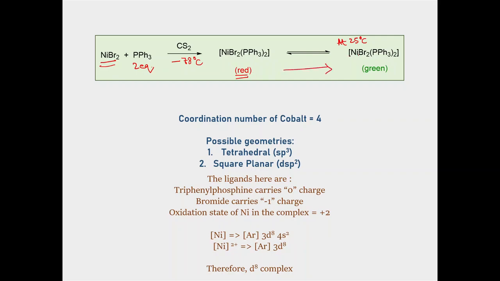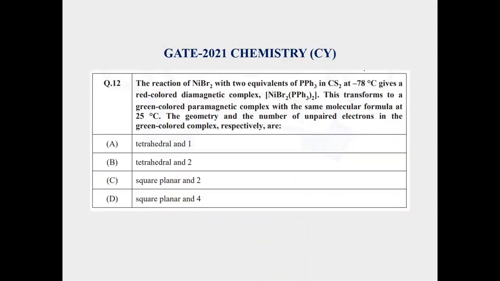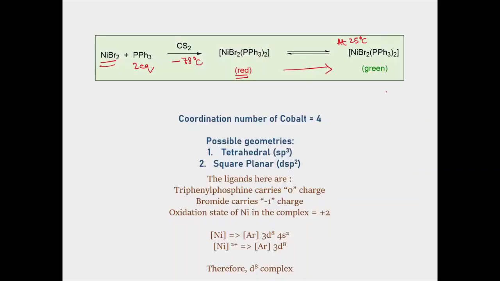But the compound has the same molecular formula of NiBr2(PPh3)2. So first of all, in this question, what we have been asked is to find the geometry of the complex and the number of unpaired electrons.